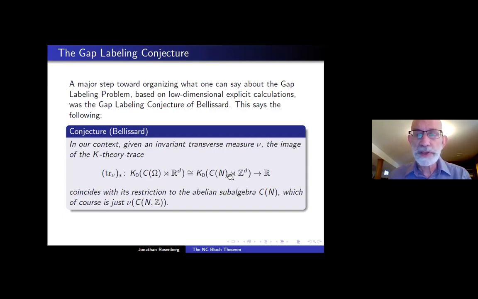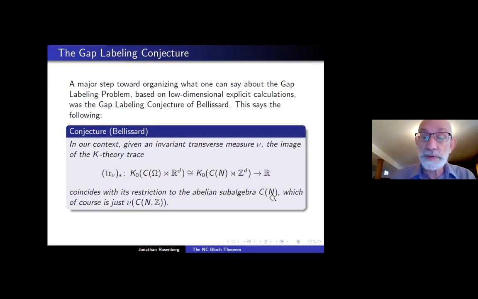So the image of the K-theory trace, according to this conjecture, coincides with its restriction to the abelian subalgebra C of n, which would just be nu applied to the, well, n is totally disconnected.